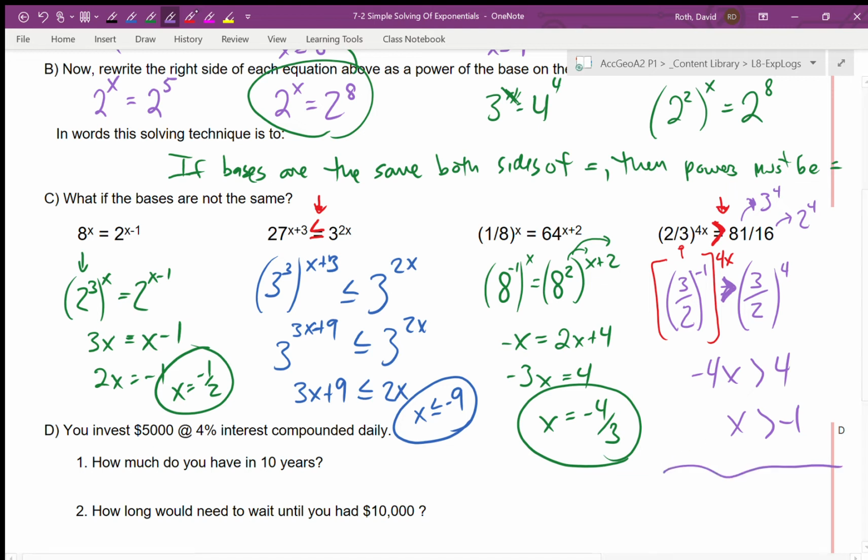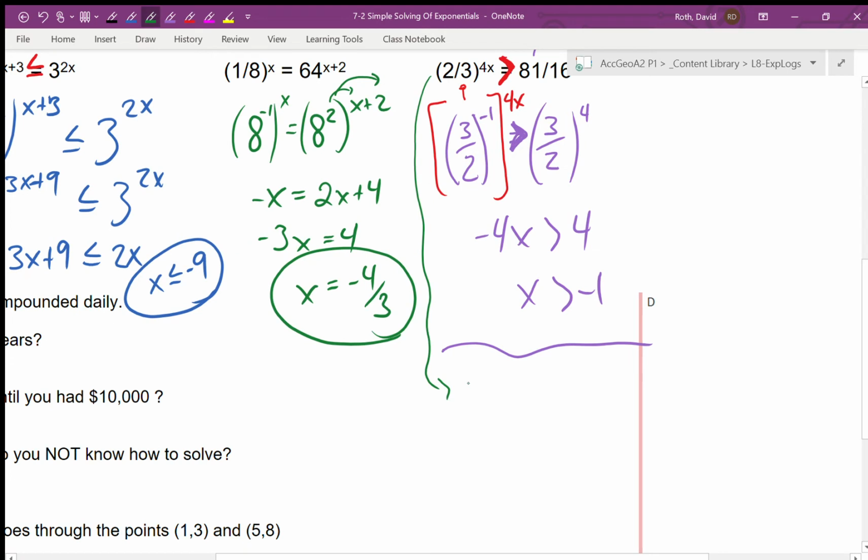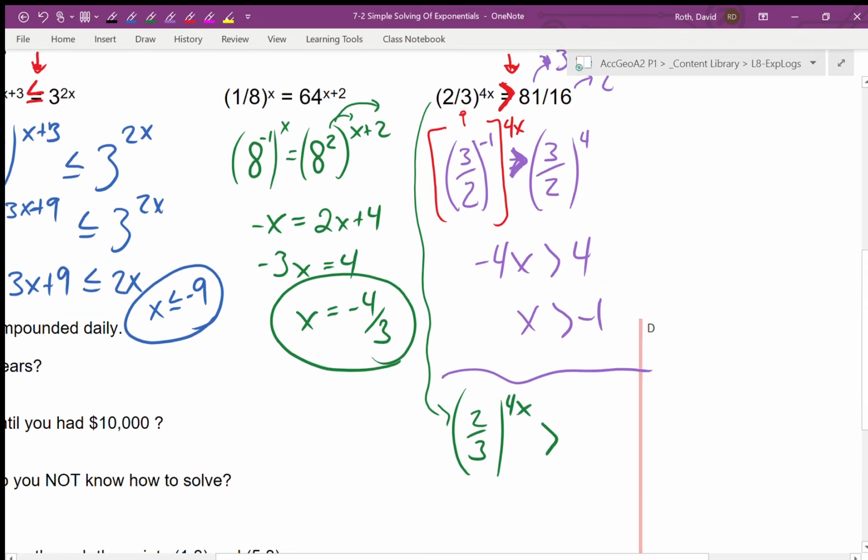Let's see what happens as an alternative if instead of that I take the 2/3. So I'm going to actually work right down here, and I leave this as 2/3, and to the 4x, I still have my greater than, and instead of 81/16 being 3 halves to the 4th, I say, let's make that 2/3 to the -4th.